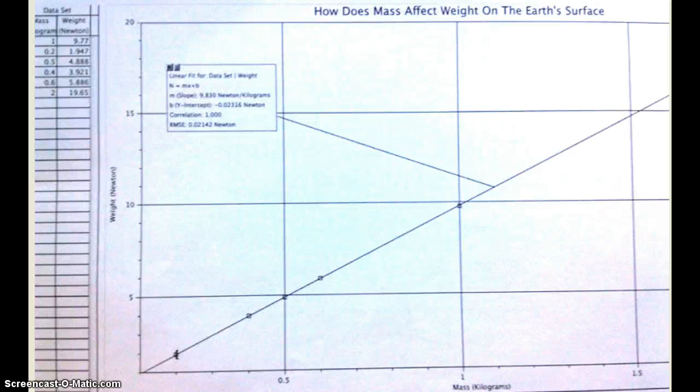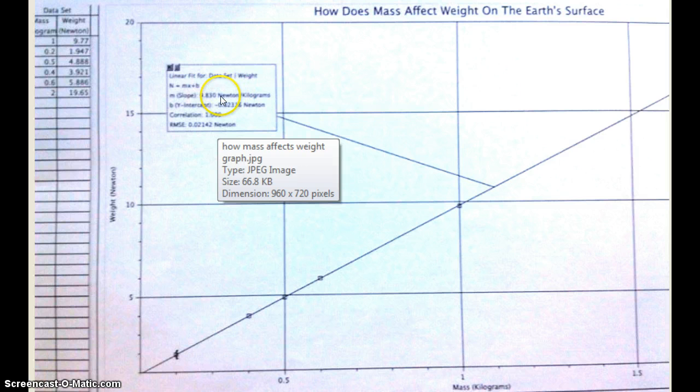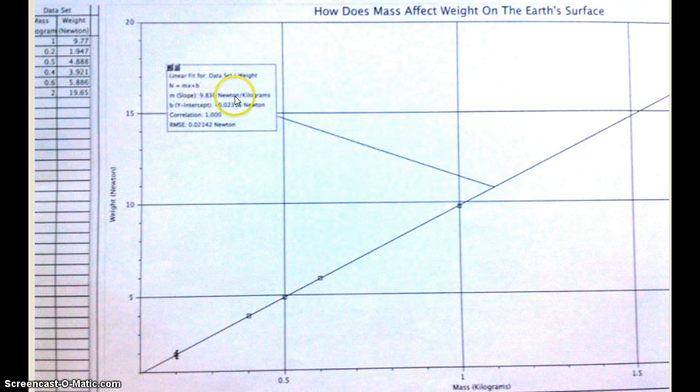If I remember correctly, for any object in free fall, there's 9.8 newtons of force acting on that object due to gravity, ignoring any other forces like air resistance. So basically this 9.8 newtons, that's just due to gravity. That's the weight, the force of gravity.